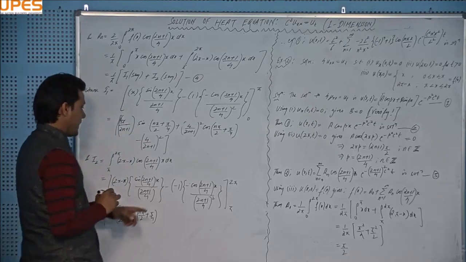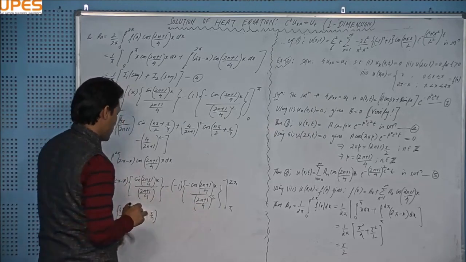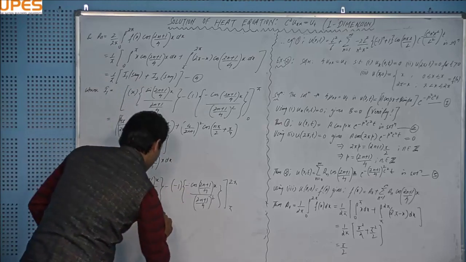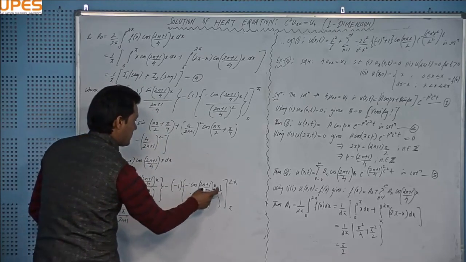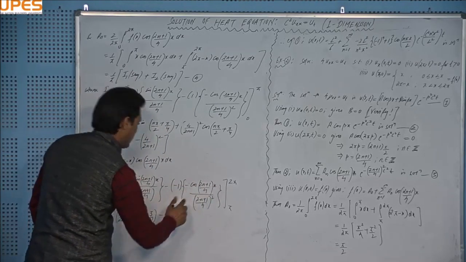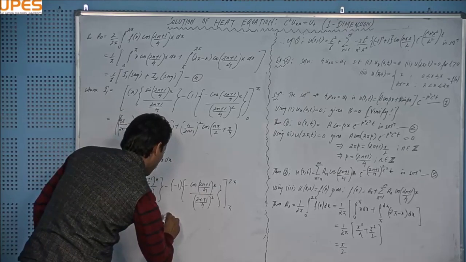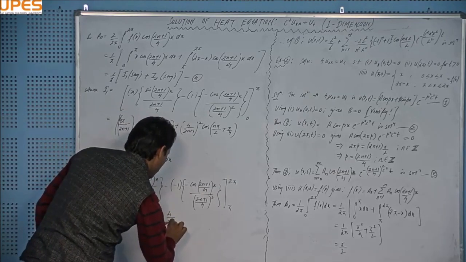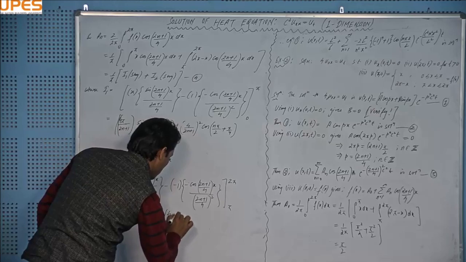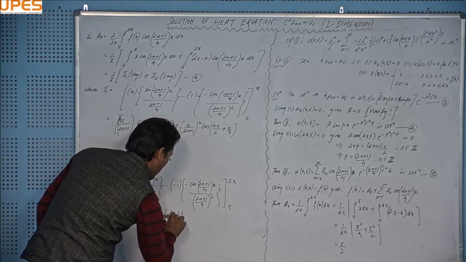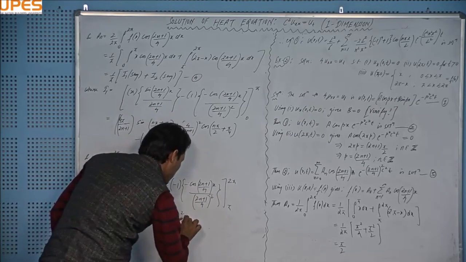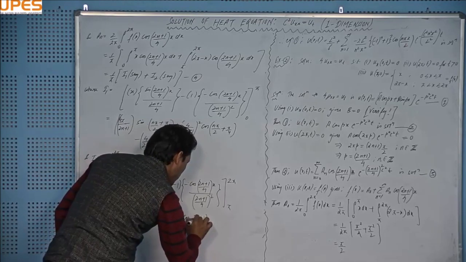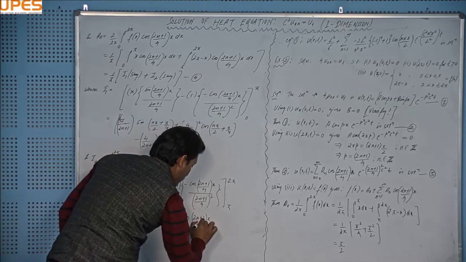Fine. And on putting pi here, I will be getting minus minus plus minus minus sign minus, and pi, if I put pi here, then it will become 4 upon (2n plus 1) whole square, and this will become cos (2n plus 1) pi by 4, right?